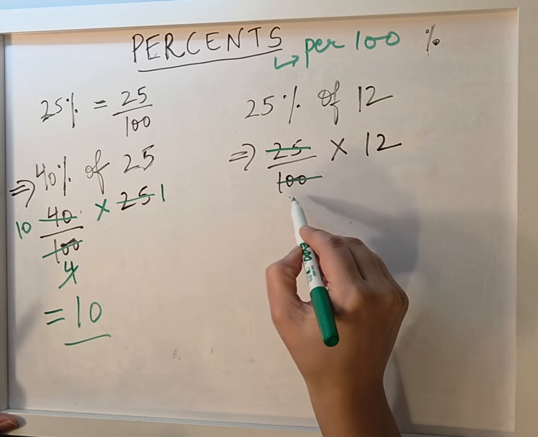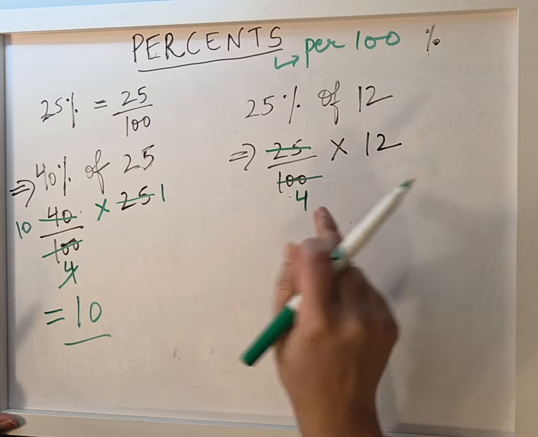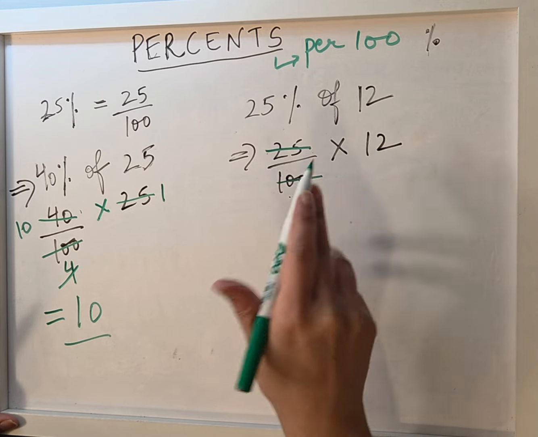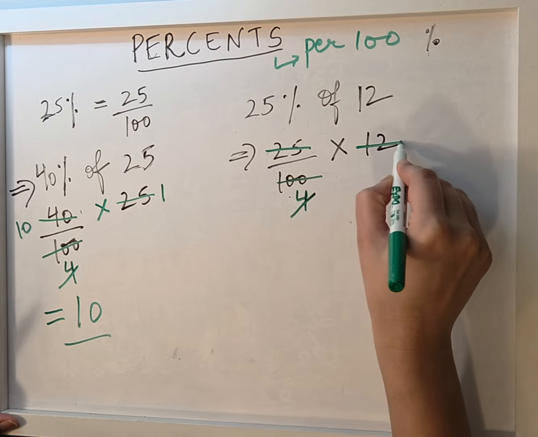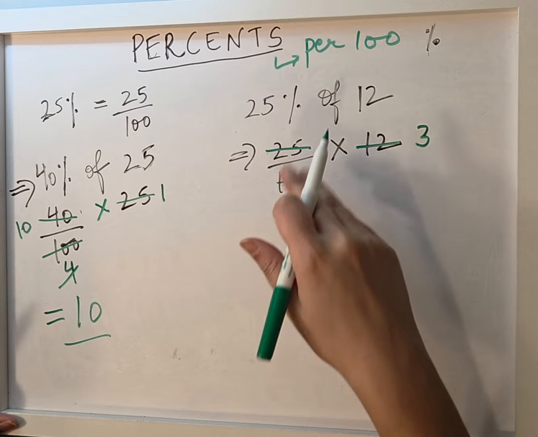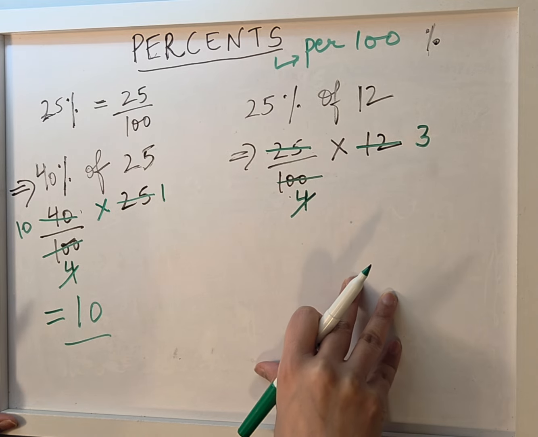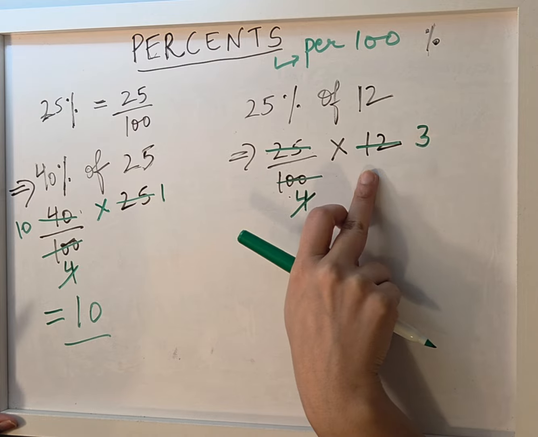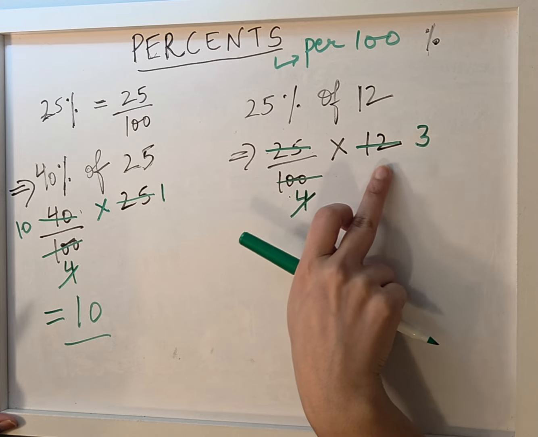We cancel it and we get 4, and then 4 and 12 have a common factor, that is 4. So 4 ones are 4 and 4 threes are 12. We should have a common divisor between numerator and denominator. Whenever we are multiplying, that is also part of the numerator.